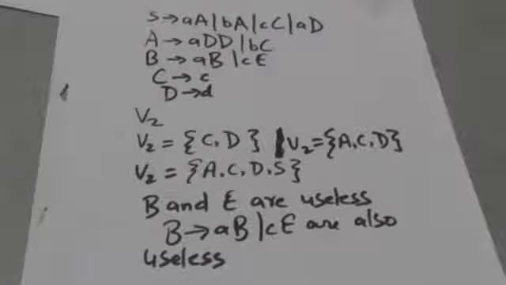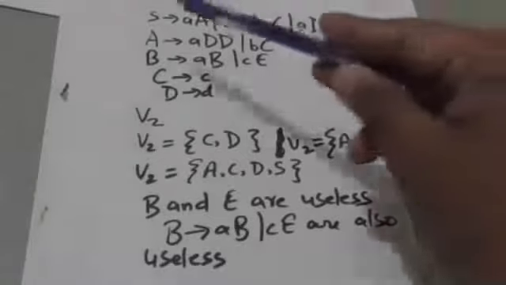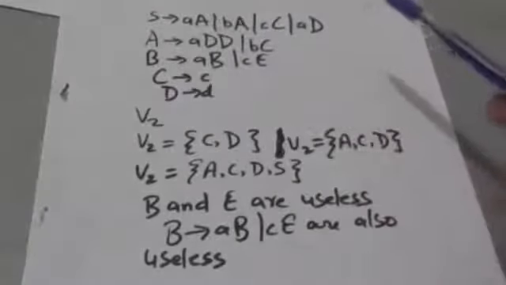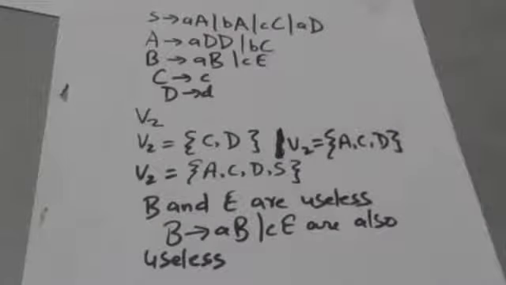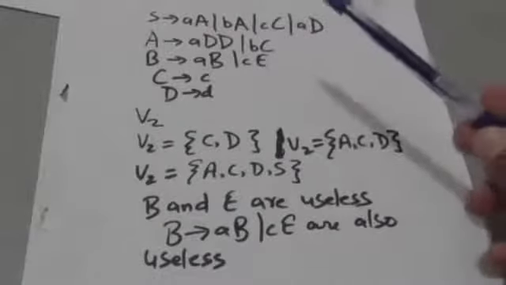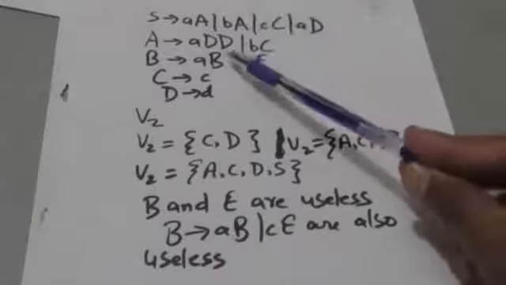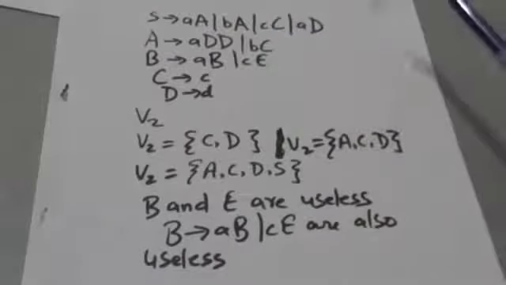So the variables which are not present in V2 are useless. Here B and E are not present in set V2. So they are useless and should be removed. And productions involving B and E are also useless.